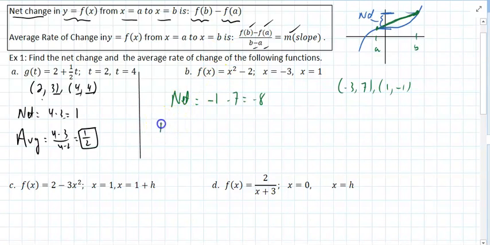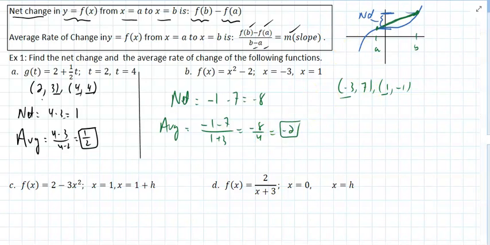And if I want to find the average rate of change, that is the negative 8, y2 minus y1 over x2 minus x1. That would be negative 8 over 4. That would be a negative 2.